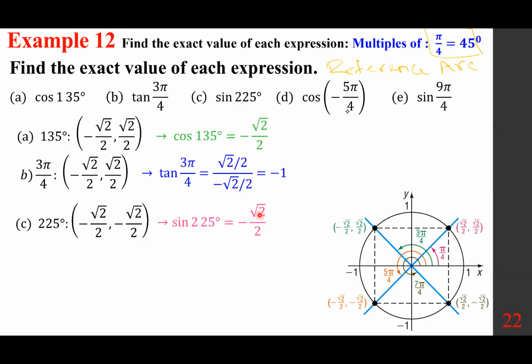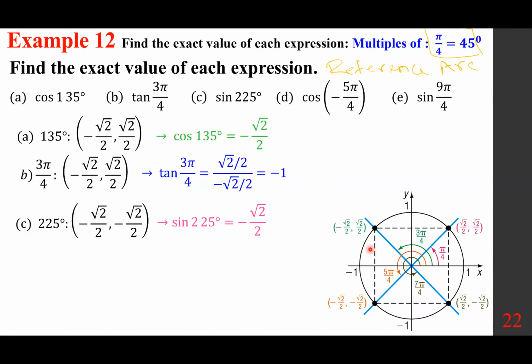Minus 5 pi over 4. We start from here. This is pi, and this is minus 5 pi over 4.